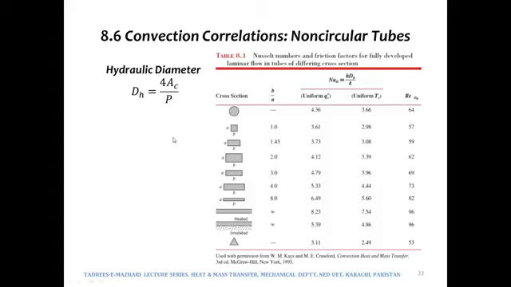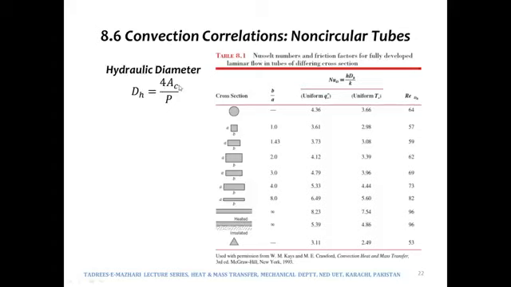So in fact, if we use this basic expression which is written over here for hydraulic diameter, which is 4 times cross sectional area over perimeter, and if we work it out for a circular pipe, it would come out to be D. See, it would be 4 times cross sectional area.